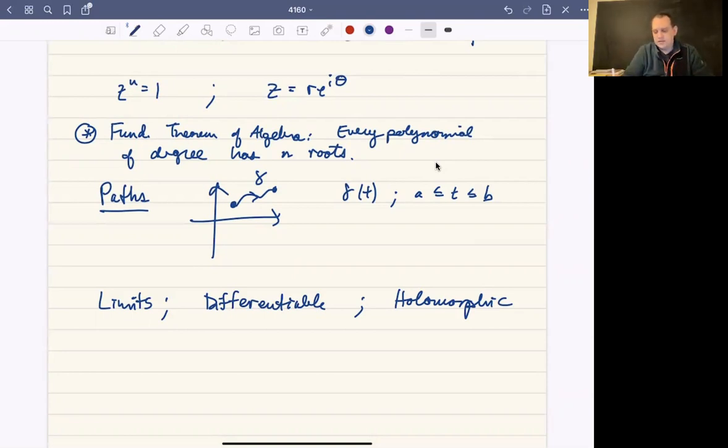So as long as it's differentiable in a small, say, circle or disk containing that point, then it's holomorphic at that point. So holomorphic means it's differentiable plus it's differentiable nearby. That's different than just differentiable. So there's points that are differentiable, but they're not differentiable anywhere near it. So in particular, they're not holomorphic.